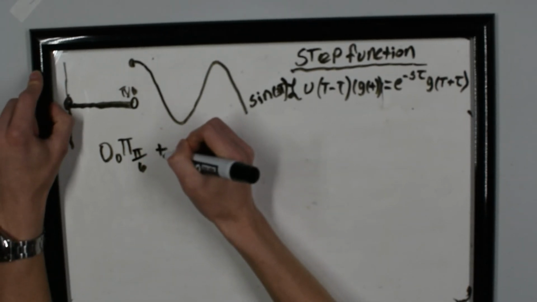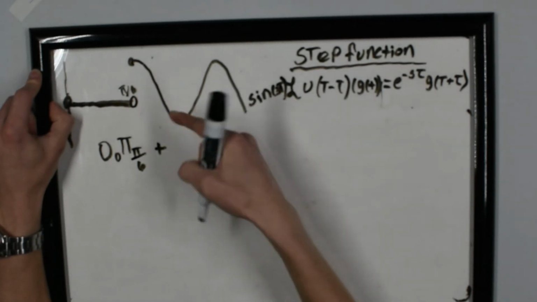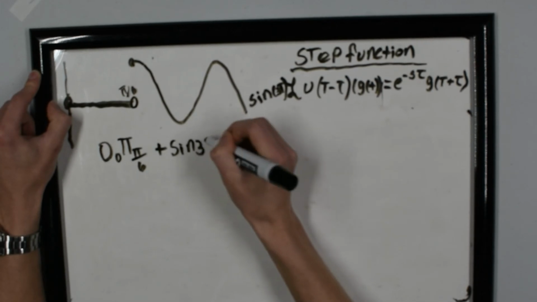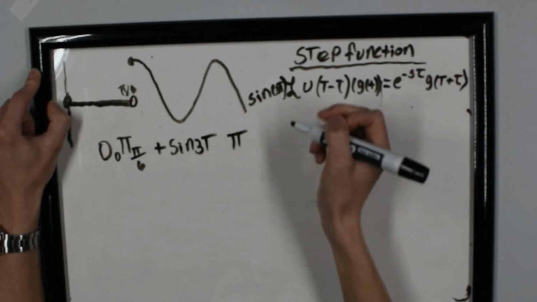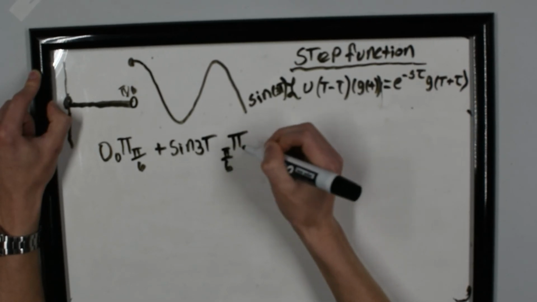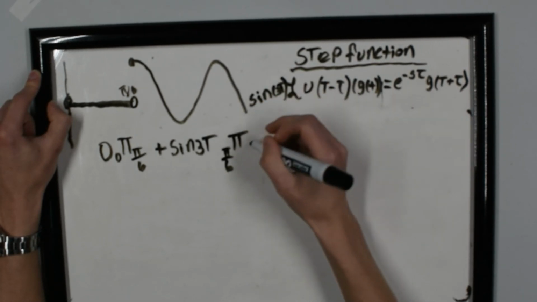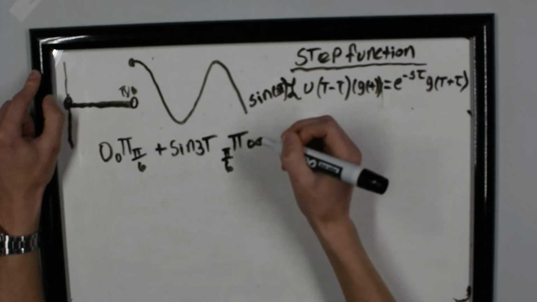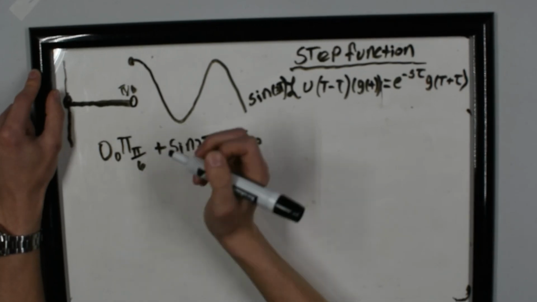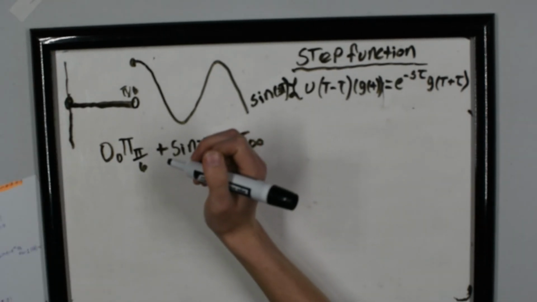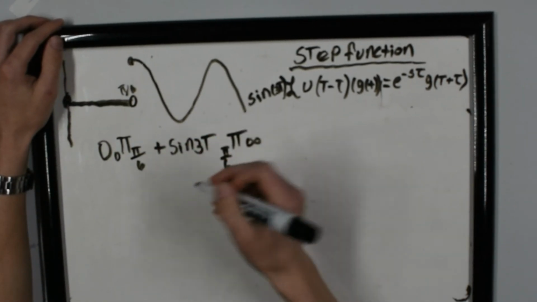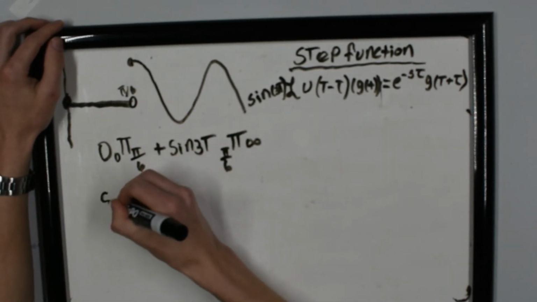And then you add it to this function, sine 3t, another pi symbol, from pi over 6 to infinity. And this you can just convert into a unit step function. In this case, it's not too bad because we have a 0. So it is sine 3t.